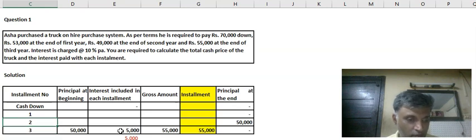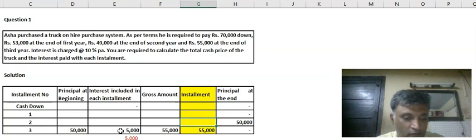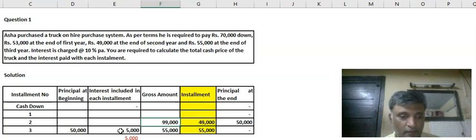Once we finish year 3, we proceed to year 2. The closing balance of one year becomes the opening balance of the next year, so this has to be 50,000. The installment paid in the second year is 49,000, so we capture 49,000 there. If you add up these two, it's 99,000, 50 plus 49. Apply the same logic here. The interest is not 5,000 anymore.